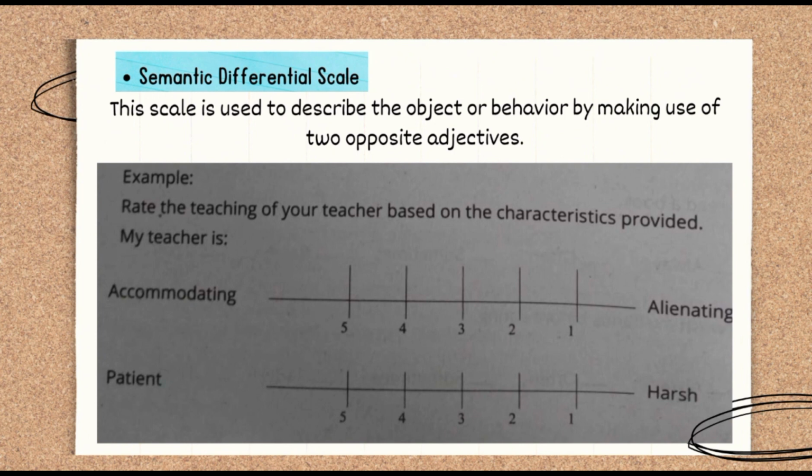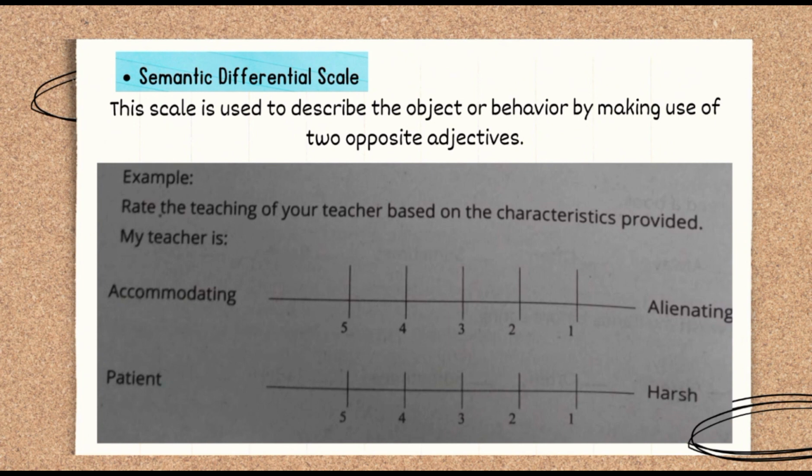From the example, the students will rate a teacher's characteristics, and from the scale, there are two opposite adjectives, which are accommodating and alienating. Then number two, there is patient and harsh. So the students will rate their teacher. Is my teacher accommodating or alienating, or patient or harsh?